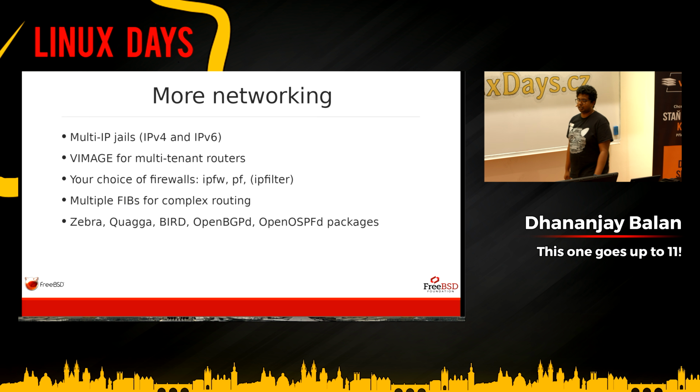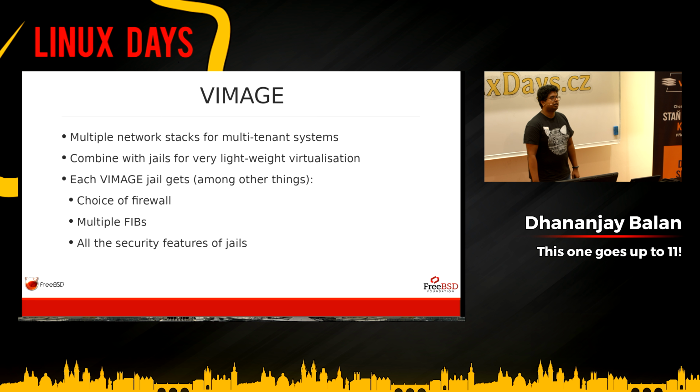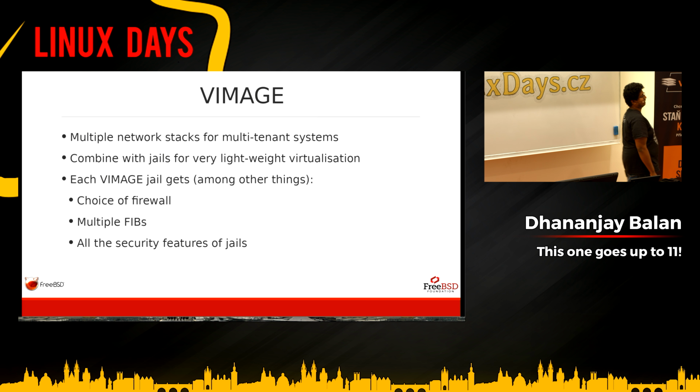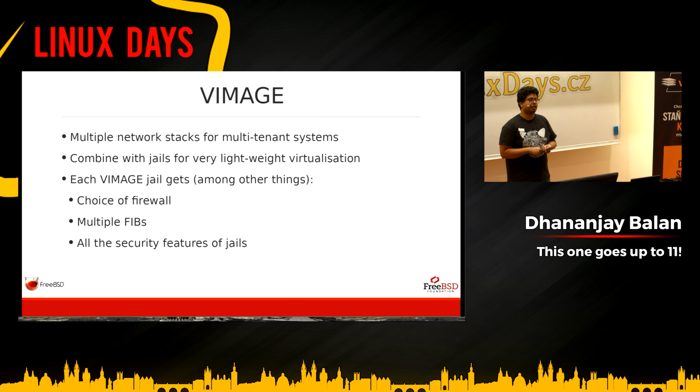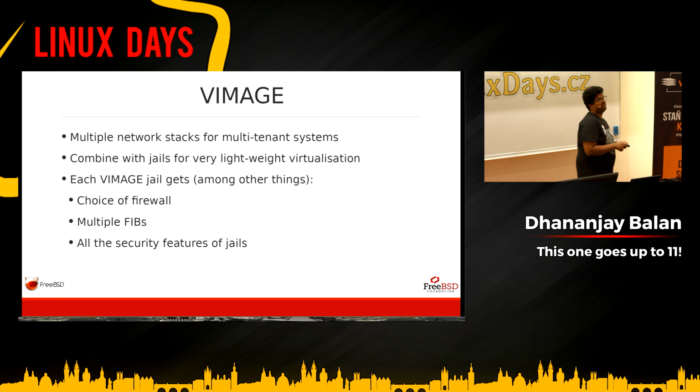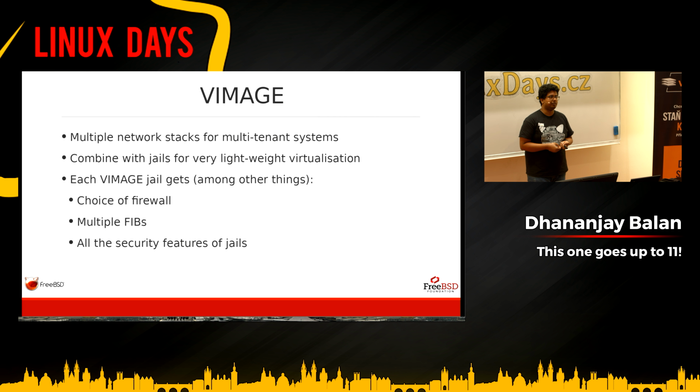More networking stuff. At some point, we got support for VNET, which is a virtual networking layer. It allows you to do a lot more with the network. If you want, say, multiple routing tables, you can do that with VNET. For example, say you have an application and you don't trust it, and you want it to always go through a VPN link.